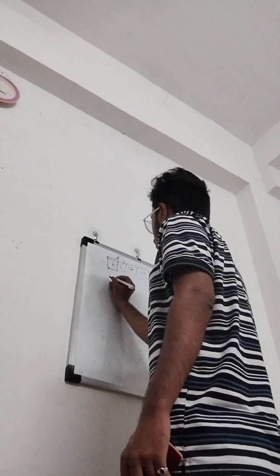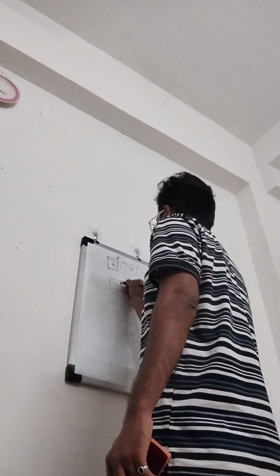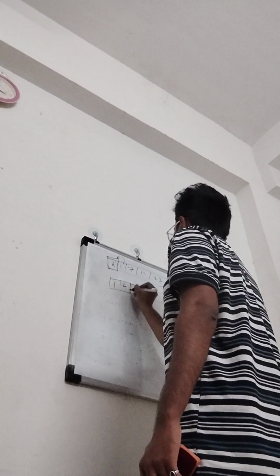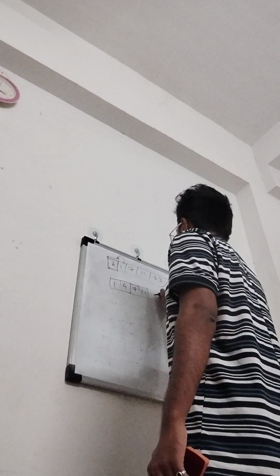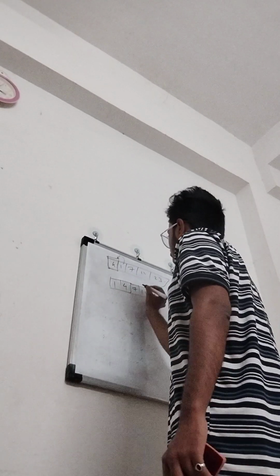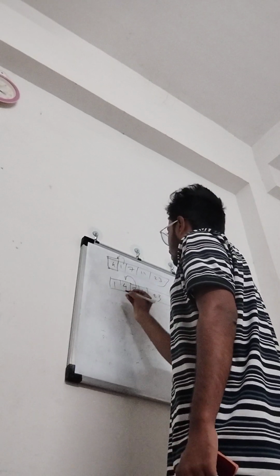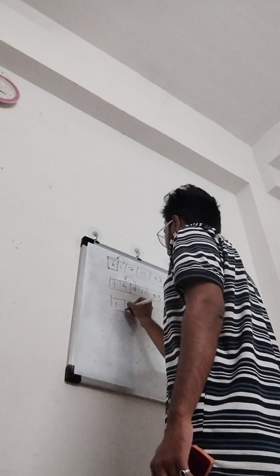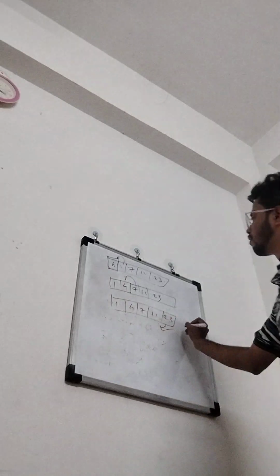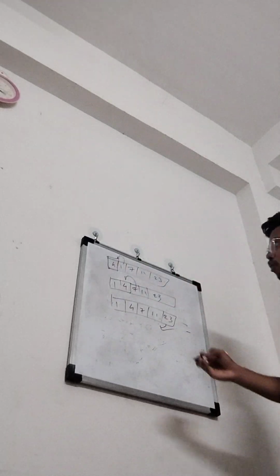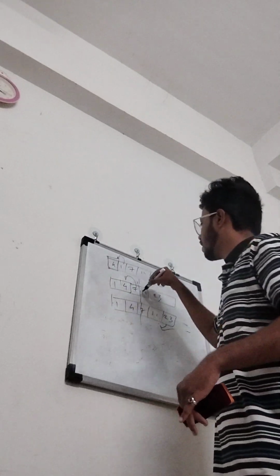Now this will be like 1, 4, right? Again then we insert the third element. What happens is 1, 4, 7, 11, 23. And even after inserting the next three, we get the sorted array. So you got the basic idea of sorting this. Okay.